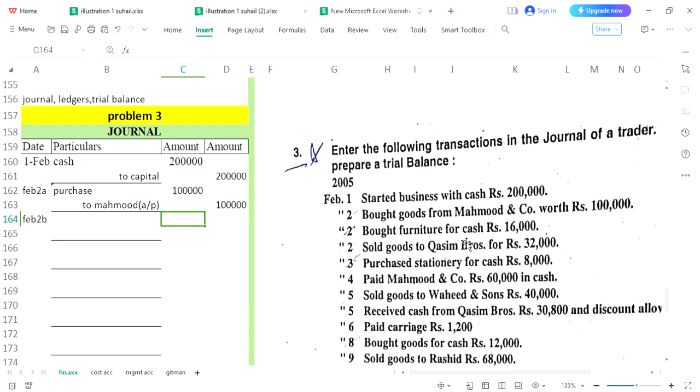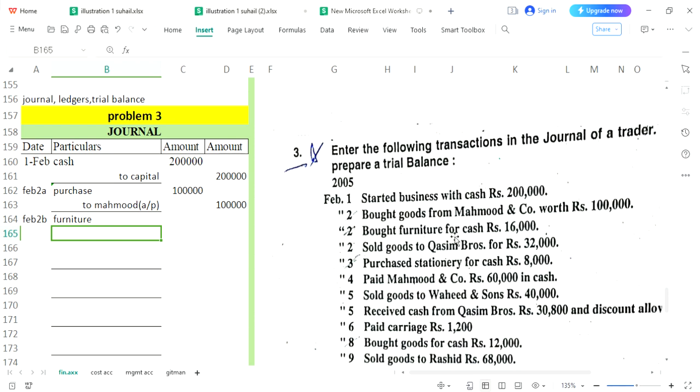We have bought furniture for cash. This is your entry. When you are buying furniture, it means furniture is coming in. Furniture is your asset. Asset is increasing. An increase in asset should be debited. So we are going to debit furniture. Alright. So if you are buying furniture and paying, this is written for cash. Cash is going out, which means cash in hand is decreasing.